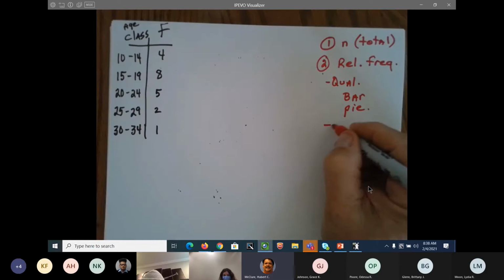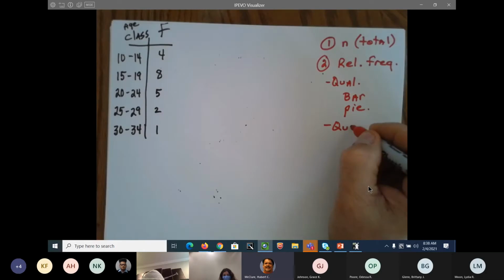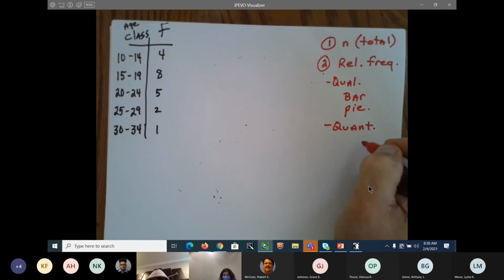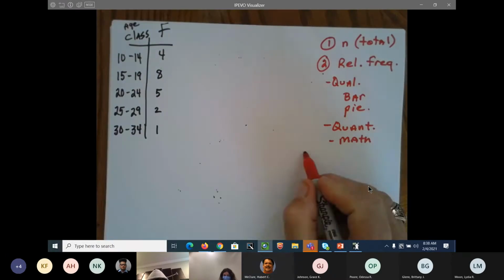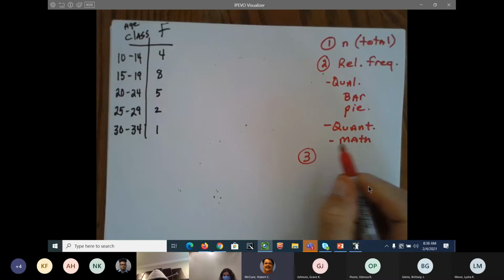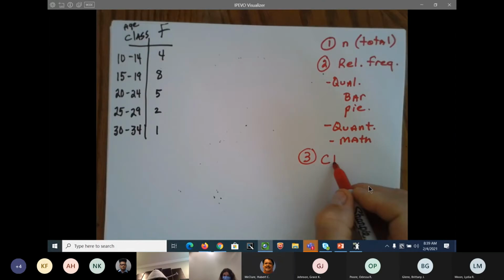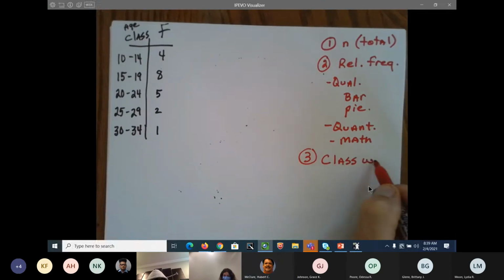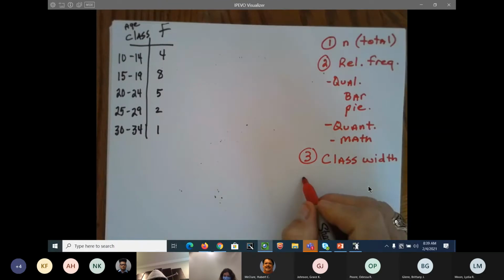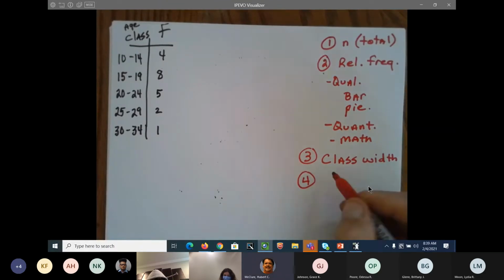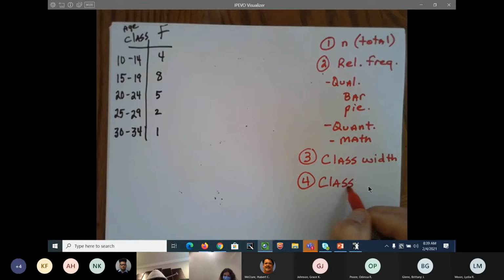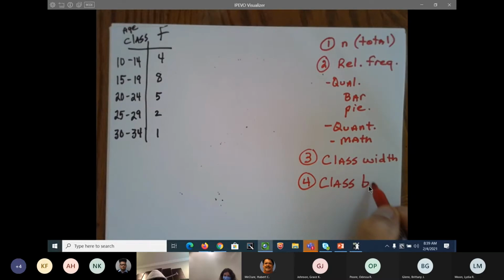In quantitative, they're going to ask you to do more math, which includes the class width, class boundaries, and the midpoints.